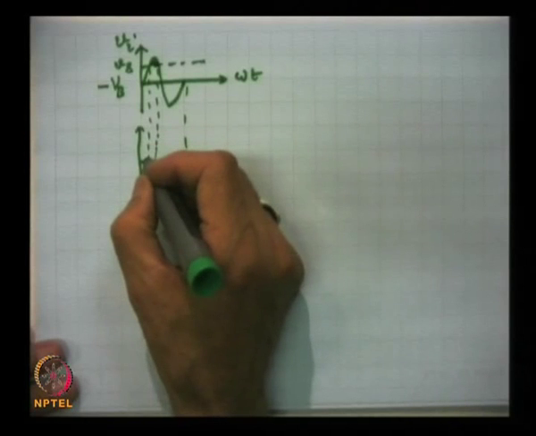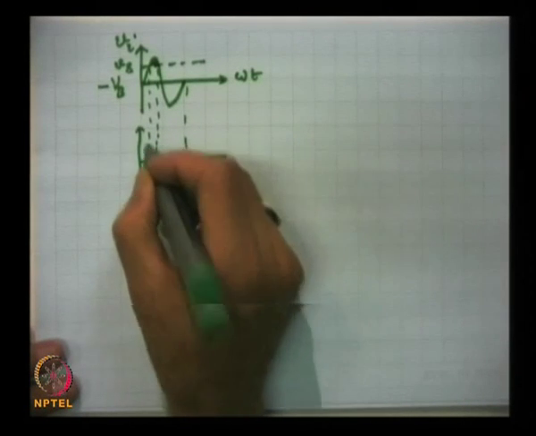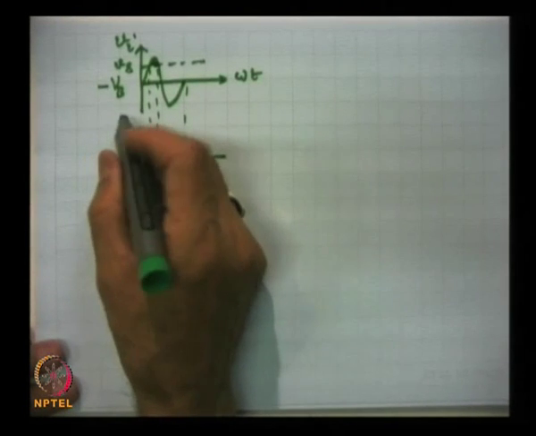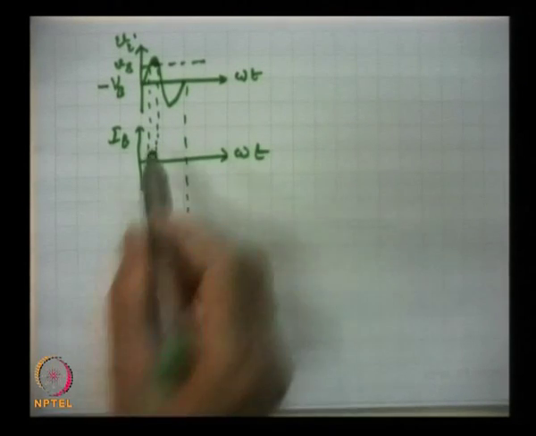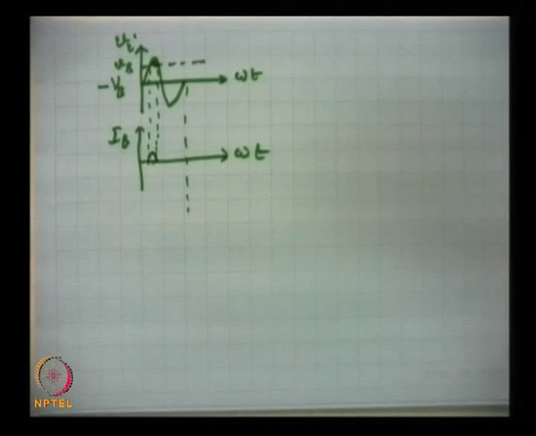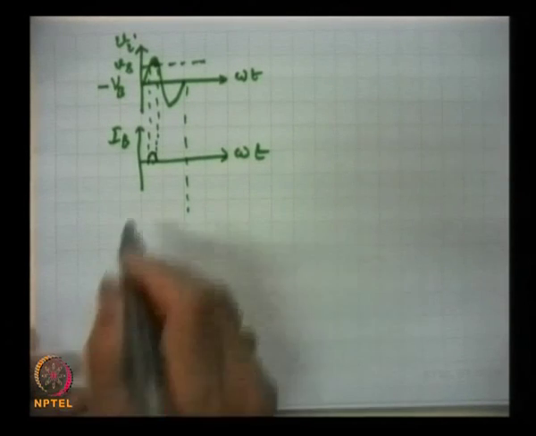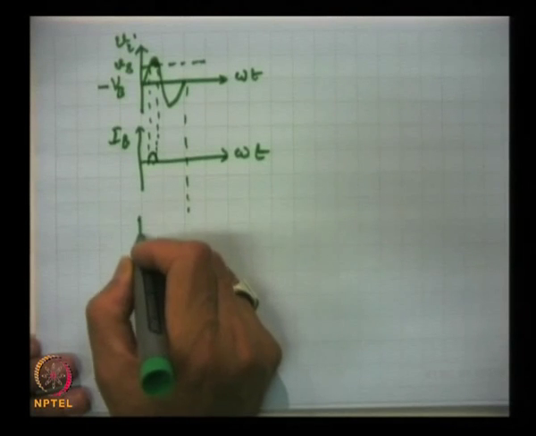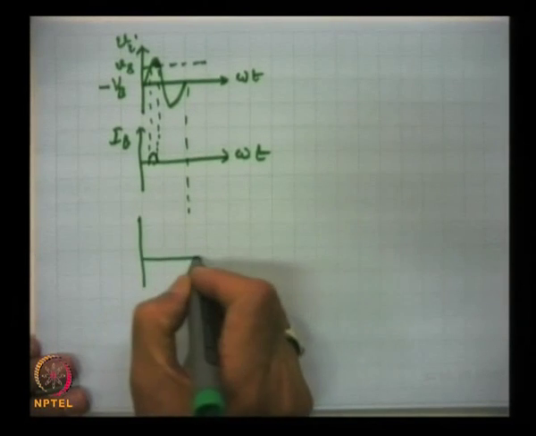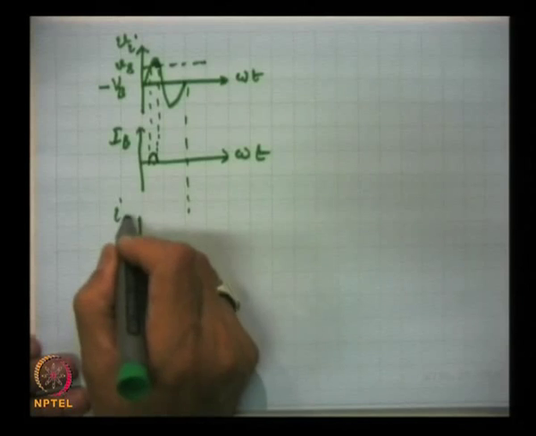So, only here this is IB, only here it will flow, and this will give rise to this, IC.